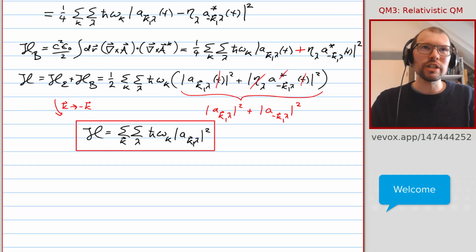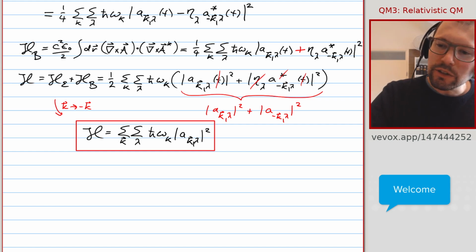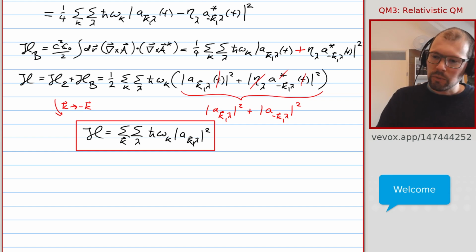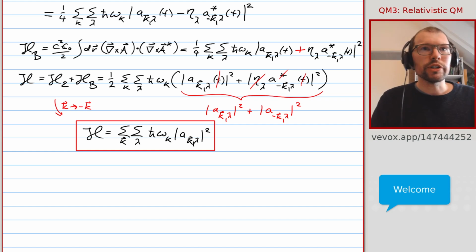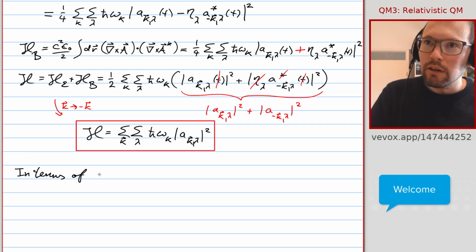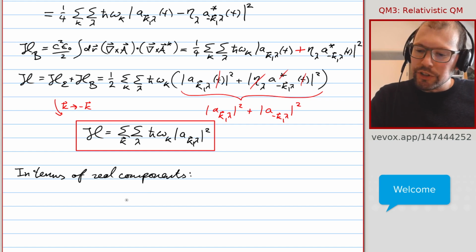So let's make sure that we understand really what this is representing. And in order to do so, it's more convenient to go to a real parameterization. So here we have absolute value squared of complex numbers, while in classical physics we're more used to working with real numbers. So let's do that. So in terms of the real components, so what are the real components?